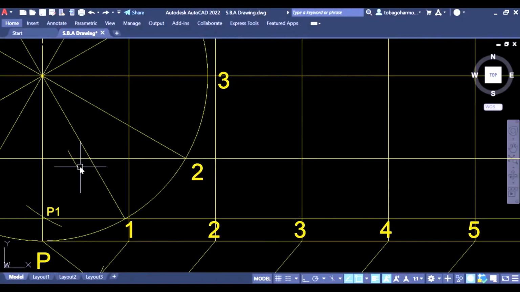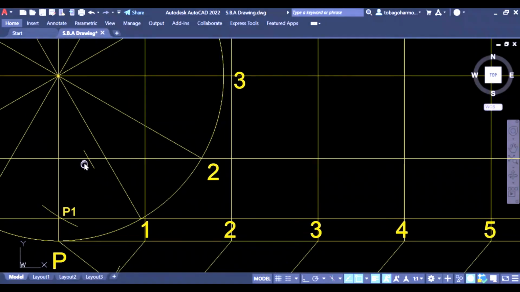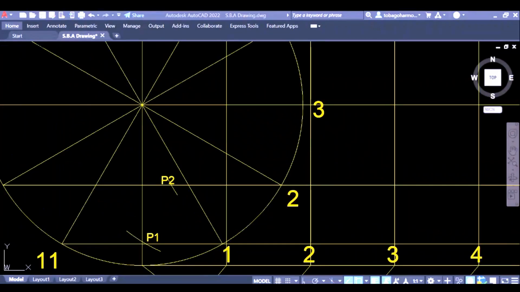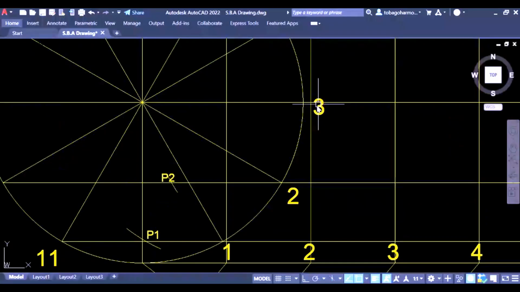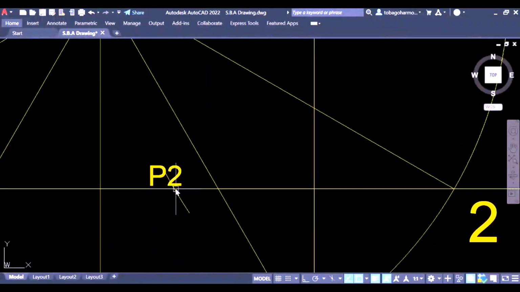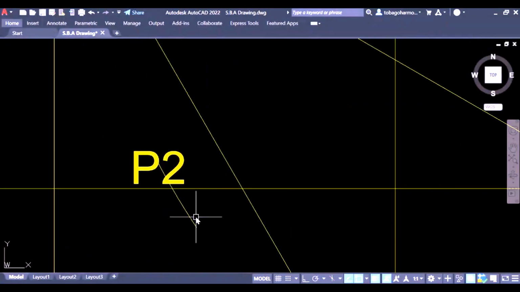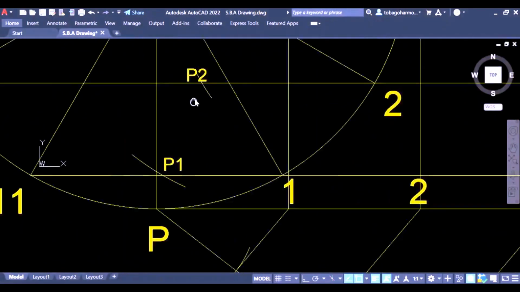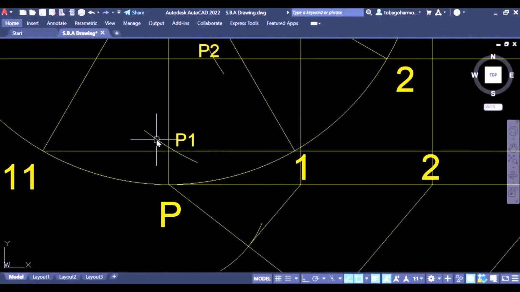So that's what we are doing right now, and this point will be P2. So these points we are establishing are there for us to plot the cycloid, basically. So this is P2 and this is P1.